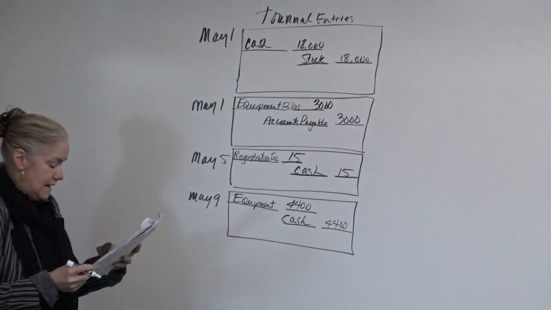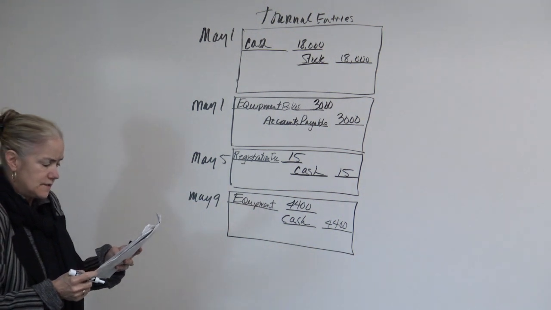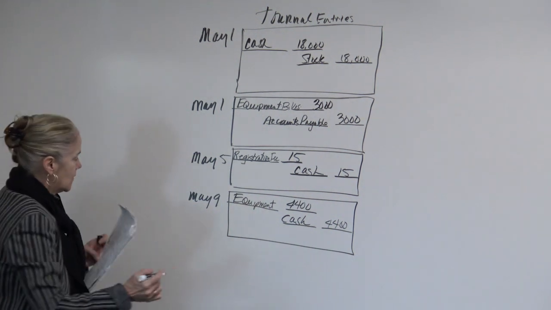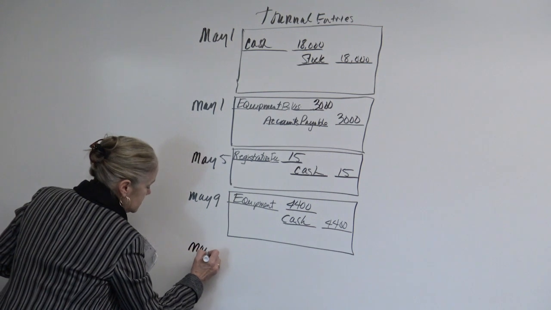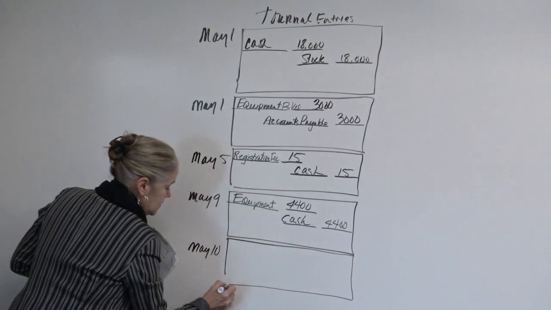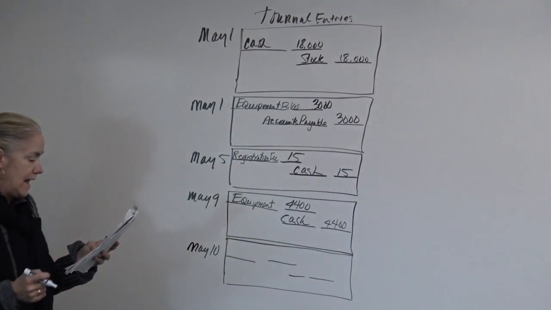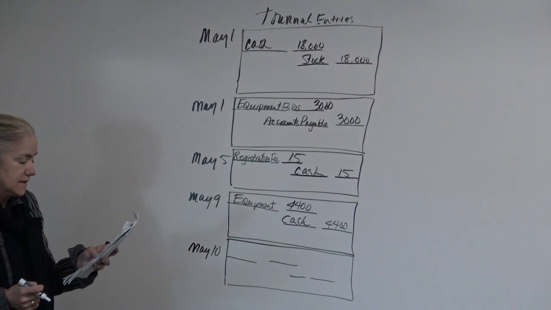Okay, on May 10th, we purchased $100 in miscellaneous supplies on account. So on May 10, we have purchased $100 in miscellaneous supplies on account.